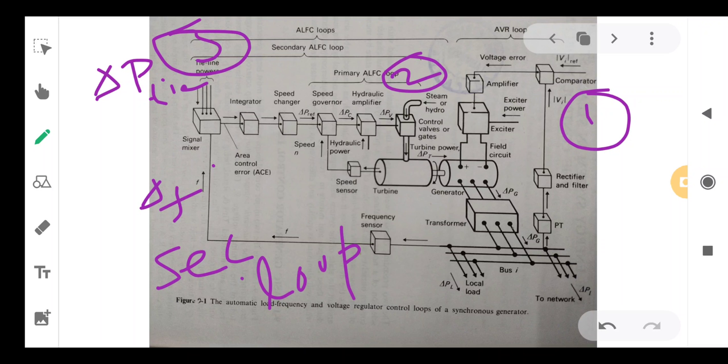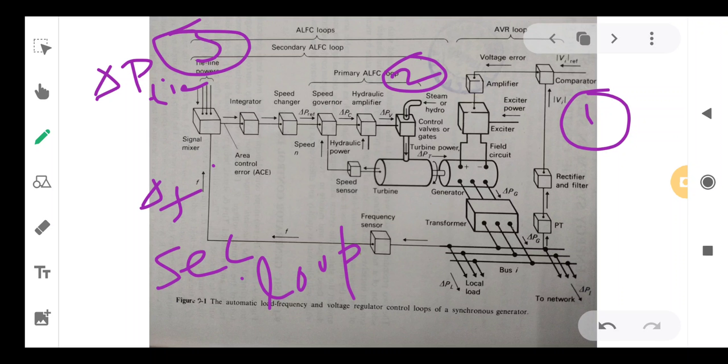The action of the second loop can be completed before the action of third loop commences. Therefore, the slow acting integrator will allow the system to settle down to a steady state value with the help of AVR and primary ALFC loops.